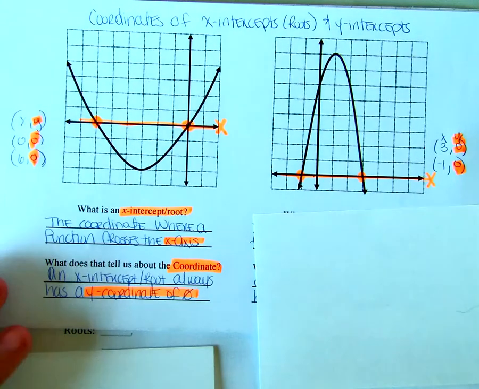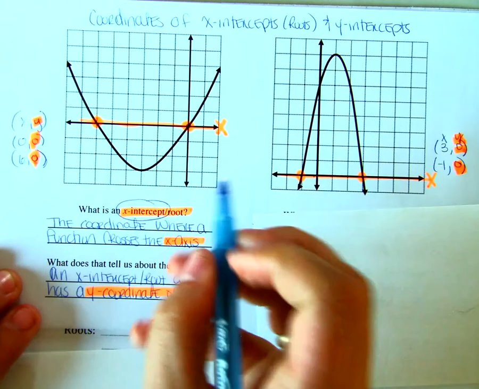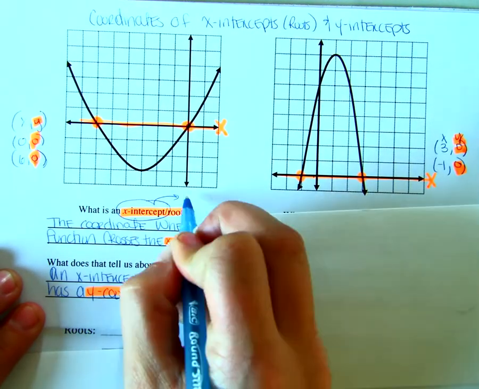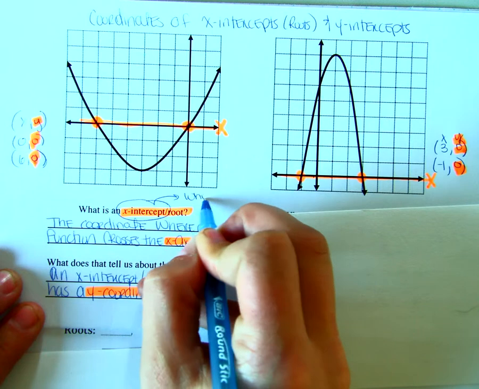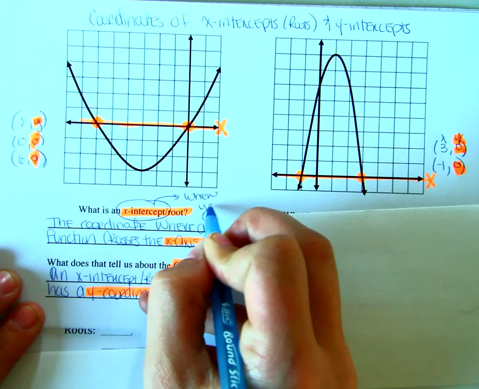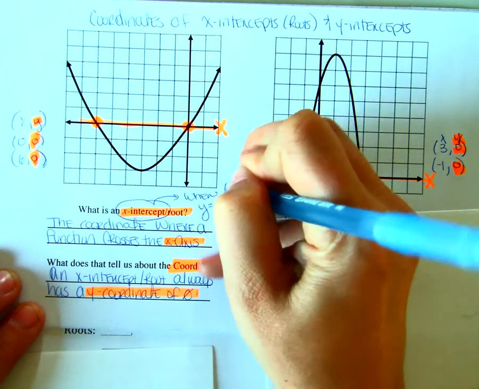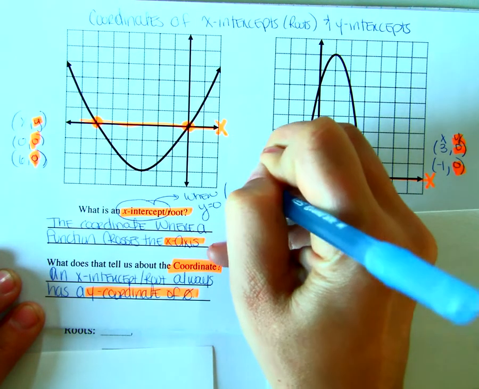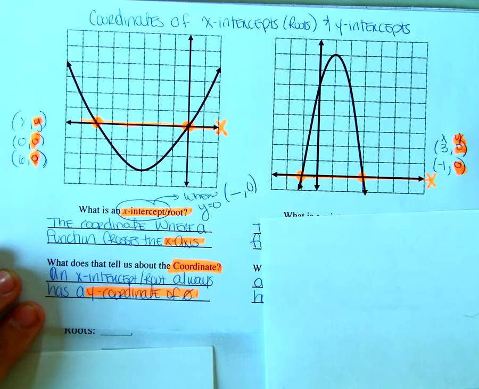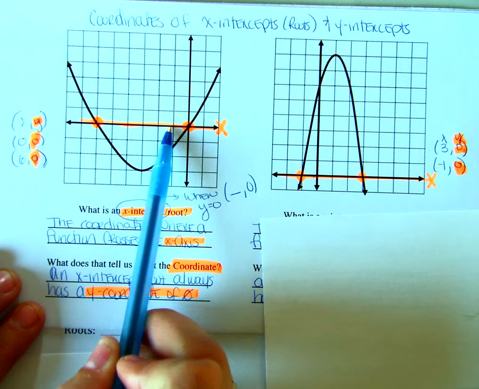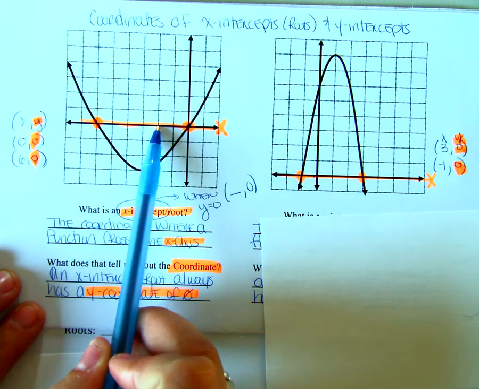So what we know is when we see x-intercept, we automatically know it happens when y equals 0. Every single x-intercept will always be something, comma, 0. Because if it's hitting the x-axis, that means it's going up or down, nothing.